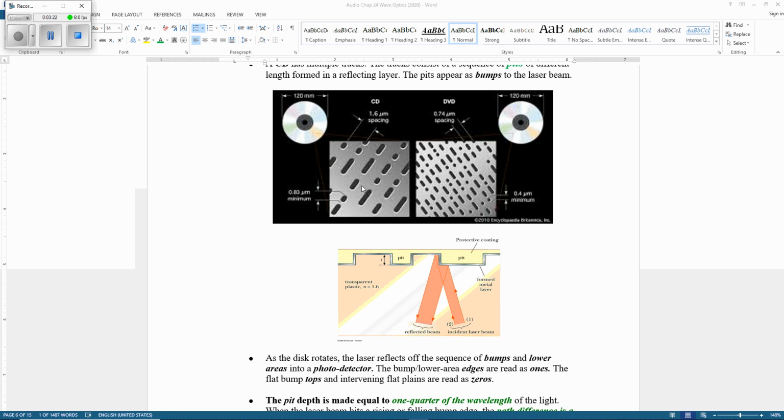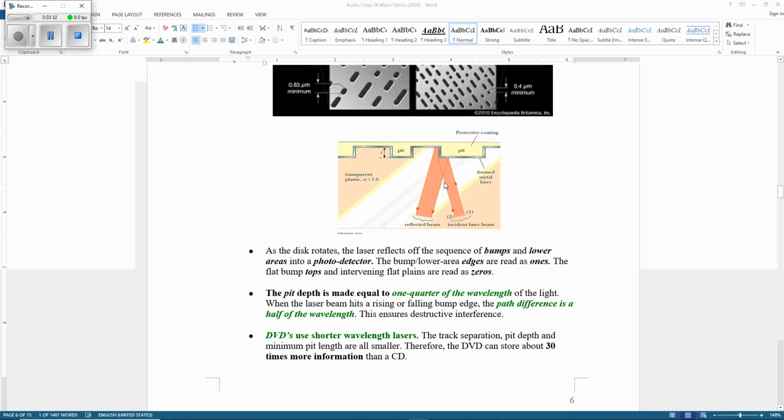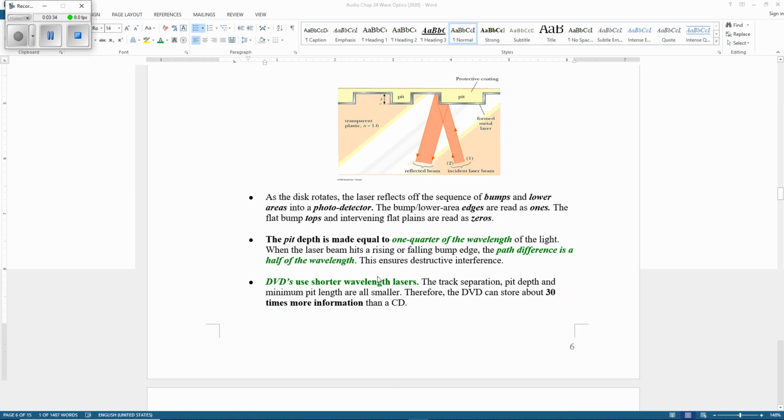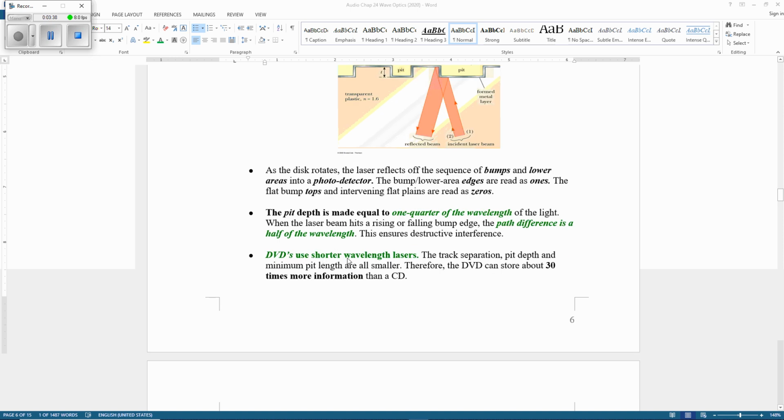So when the CD or DVD rotates, the laser beam reads the digital information. That's how CD and DVD work. DVD uses a shorter wavelength of laser, so it can store more information, usually about 30 times more than a CD.